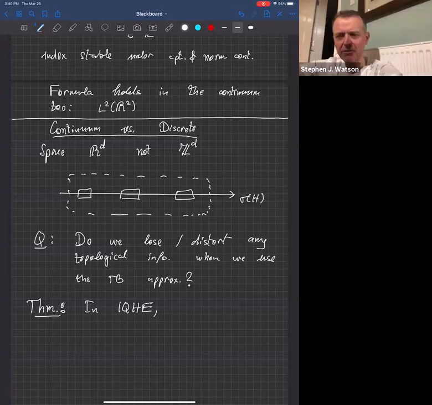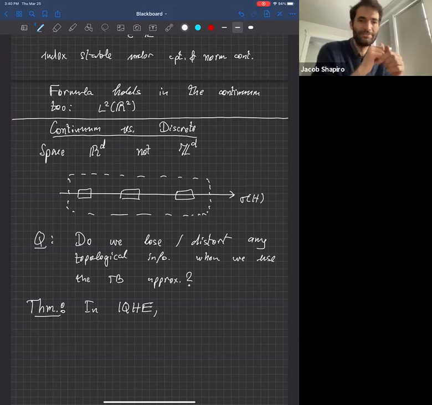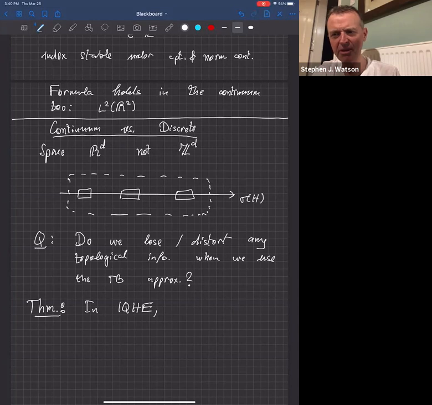Could I jump in with a question? Yes, please. So lots of topological notions can be captured with discrete structures, simplicial complexes. In that sense, that's a discrete object encoding a topological invariant. Is that a way to think about this paradox here of the discretized Z^d and the extent to which it can potentially capture topological notions which you might think are lost if you go there?